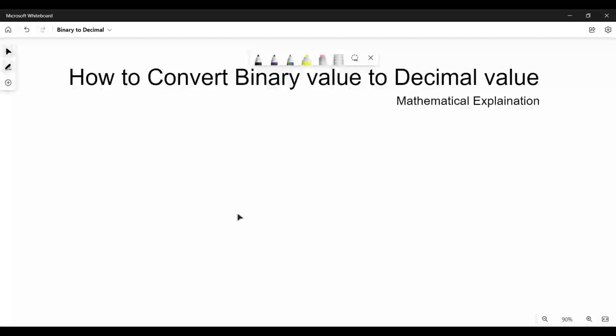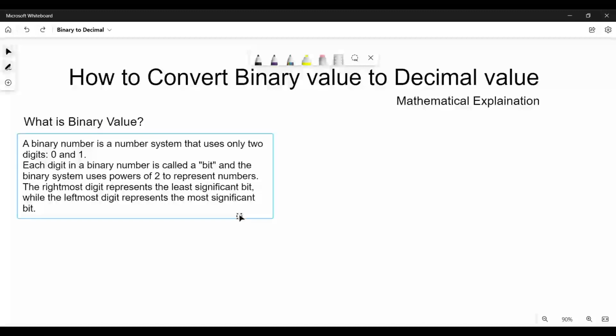Let's first understand what a binary value is. A binary number is a number system that uses only two digits, 0 and 1. Each digit in a binary number is called a bit, and the binary system uses powers of 2 to represent numbers.